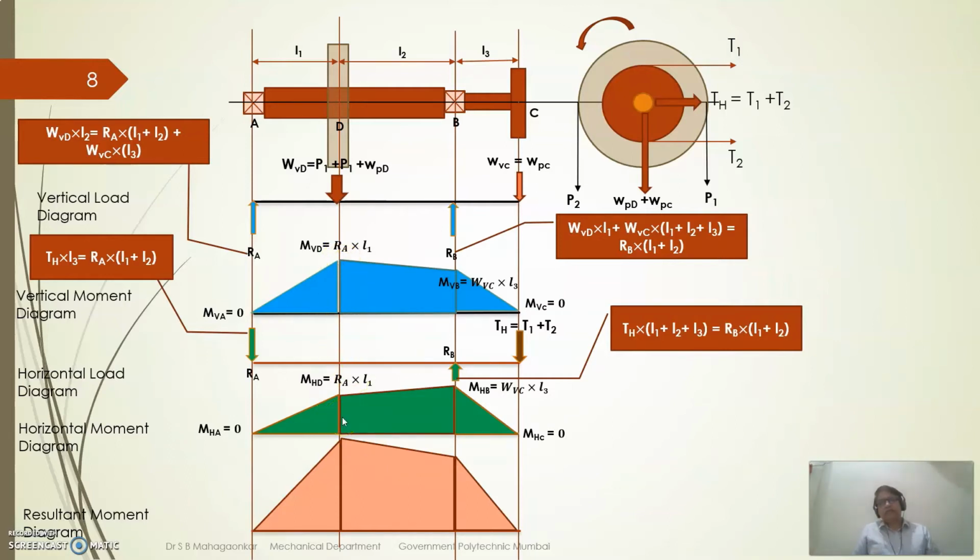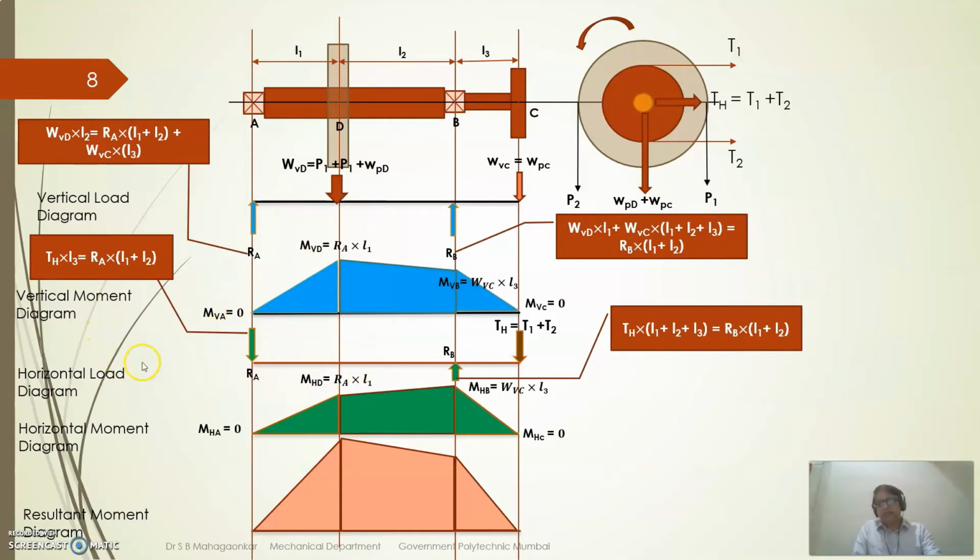This is vertical and this is horizontal. Since moment is a vector quantity, the sum of these will be the square root of the sum of the squares, because one is in the vertical direction and the other is horizontal. So in that case you have to use the Pythagoras theorem, the triangle law. We can take this as the horizontal and this as the vertical load. The resultant will be the sum of these squares, that is opposite square plus base square.